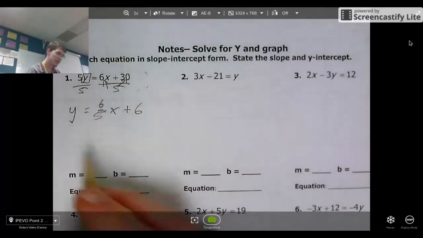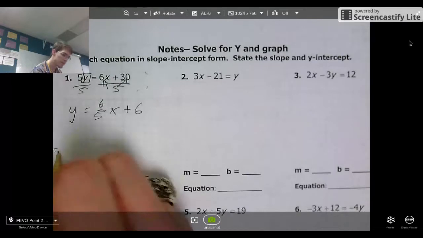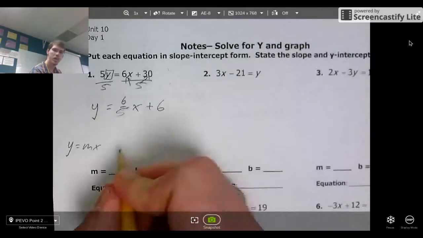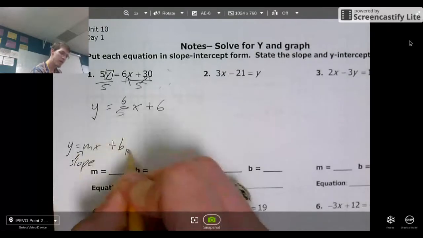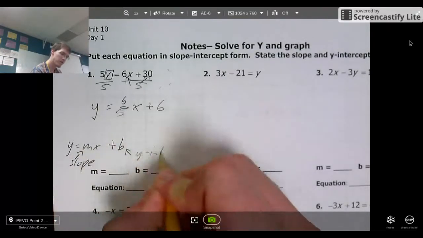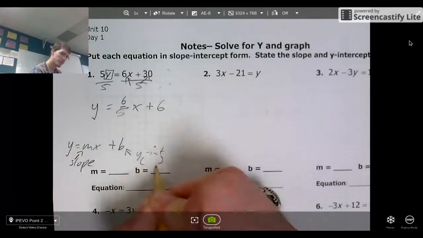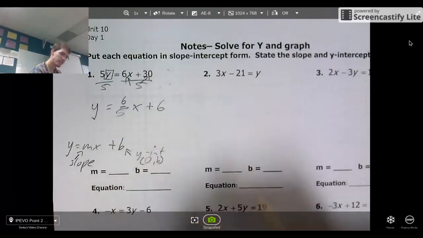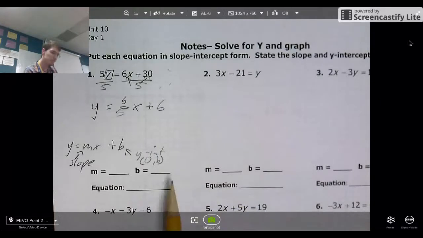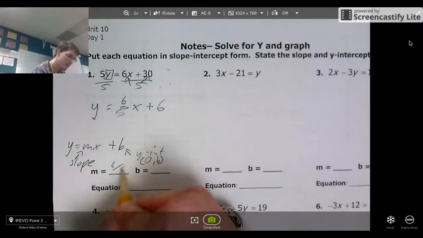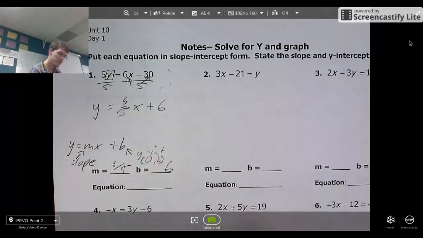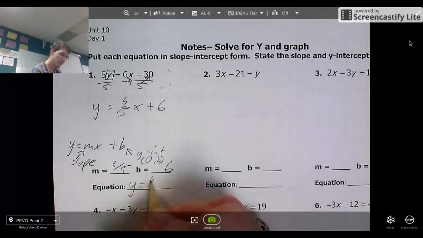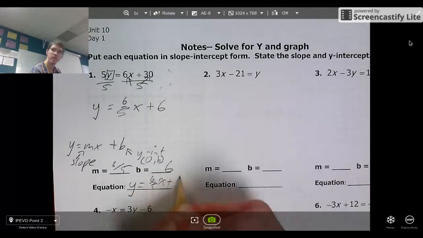Remember, slope-intercept form is y equals mx plus b, where m is the slope and b is the y-intercept. The y-intercept is really a point (0, b), but for our purposes, since we were asked for b, we're just going to list that number. So m is 6/5, b is 6, and the equation, as we already wrote, is y equals 6/5 x plus 6.